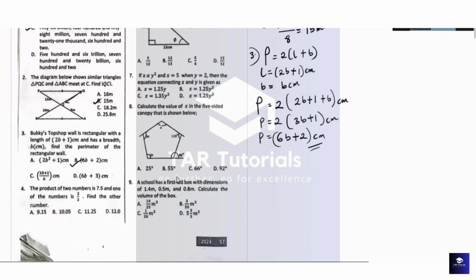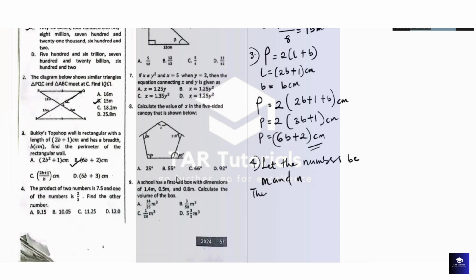Question 4 says, the product of two numbers is 7.5, and one of the numbers is 2 over 3. Find the other number. We don't know the two numbers, so let the numbers be M and N. Their product, M times N, is 7.5.